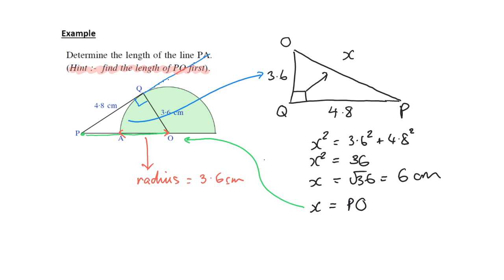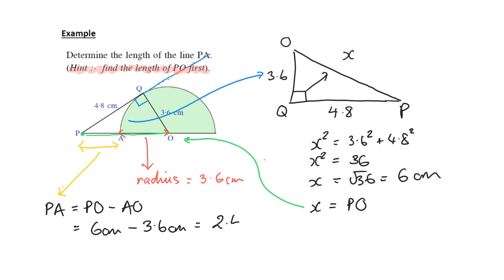So to calculate the distance PA, which is what we're ultimately being asked to do here, PA equals PO, that full distance, take away AO. So that's our 6 centimeters, which we calculated, and take away the 3.6 centimeters for the radius. So it's 2.4 centimeters long.